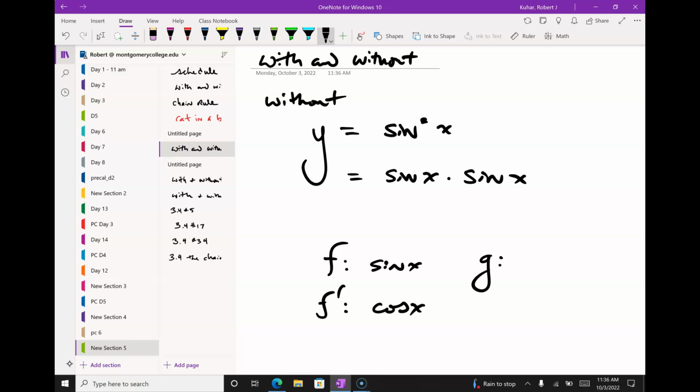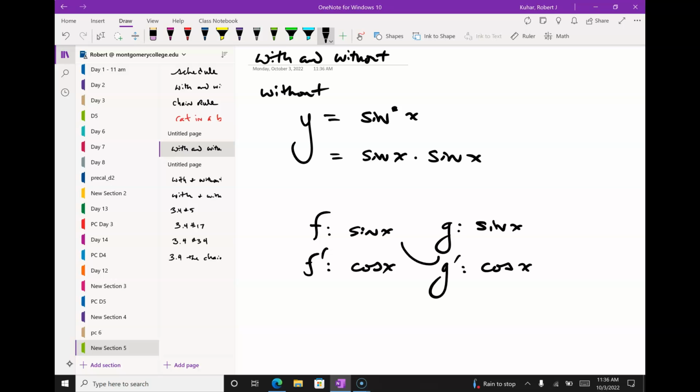Second function in the product is sine x. Derivative is cos x, yeah? I want this product with a plus, so I get y prime is what? Sine x cos x plus another sine x cos x.